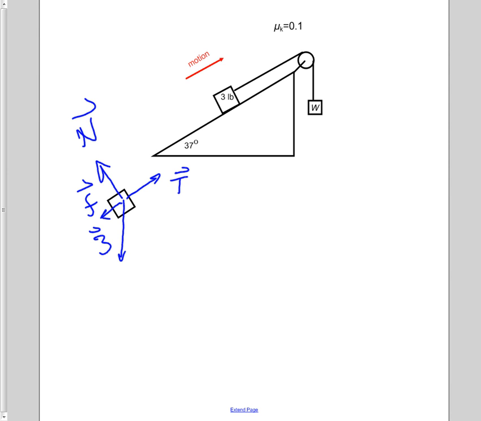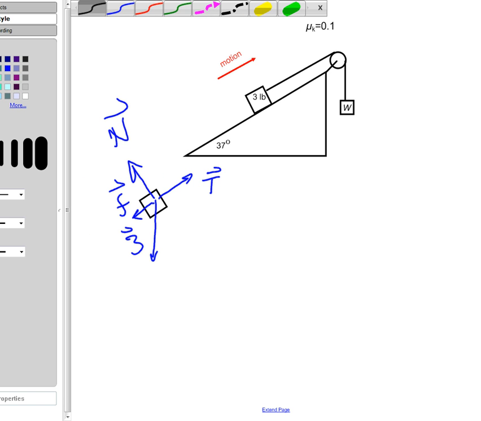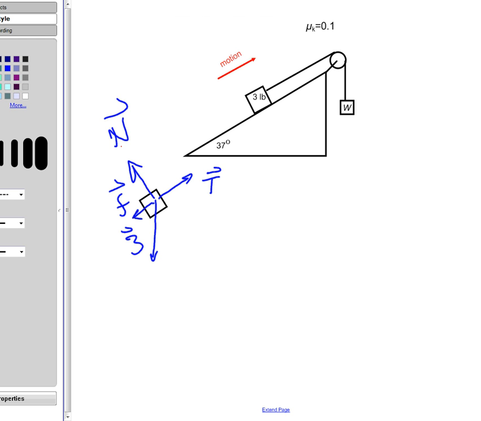So now we want to say, okay, how shall we choose our coordinate system? What I will do is choose a y-axis like this and an x-axis like this, where this is the positive y direction, this is the positive x direction.